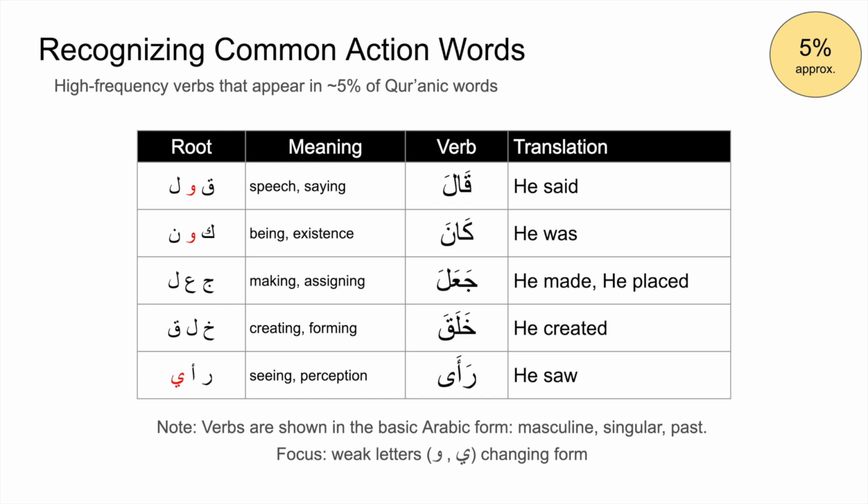There is one thing to be aware of. Some roots contain weak letters, waw or ya. When that happens, the verb may look slightly different. Do not worry about that right now. For now, focus on recognizing the whole word and connecting it directly to its meaning.